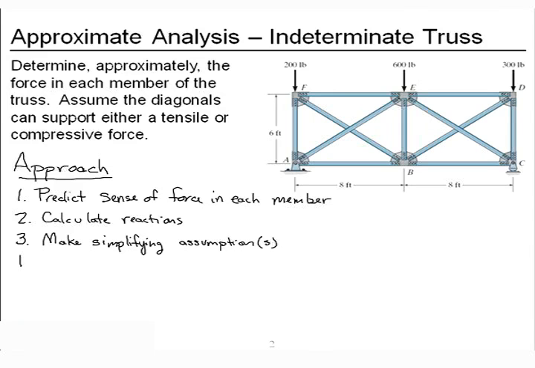Once we've done that, we'll be able to use statics to find all the other forces. Now in this case, method of sections would have worked, but since we want the force in every member, method of joints works just as efficiently.